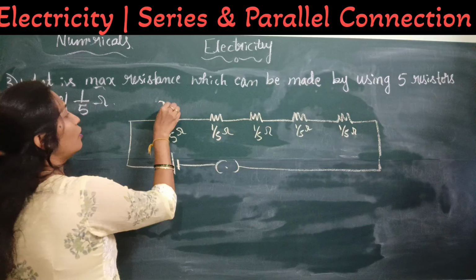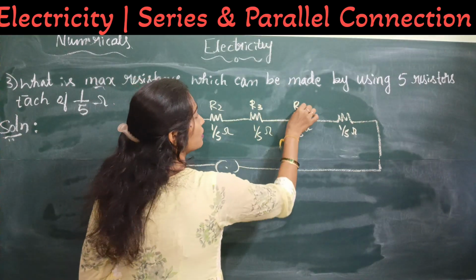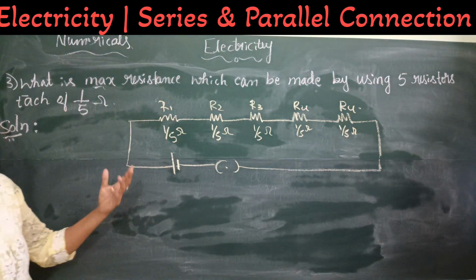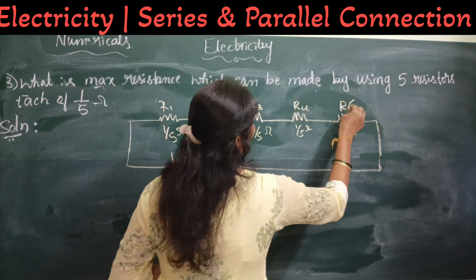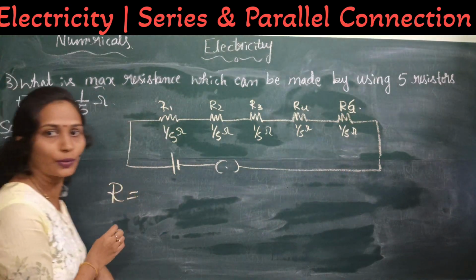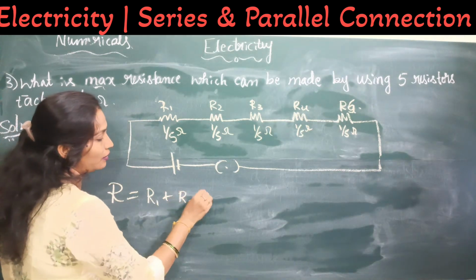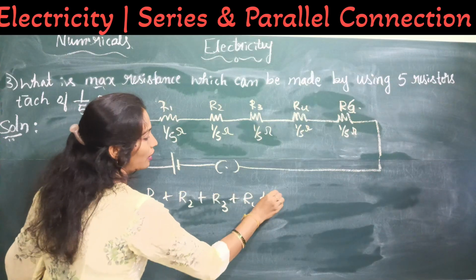What is the meaning of maximum resistance? Nothing but total resistance. It is nothing but the total resistance we need to calculate. Sorry, this one is R5. So, total resistance is equal to how much? R1, R2, R3, R4 and R5.